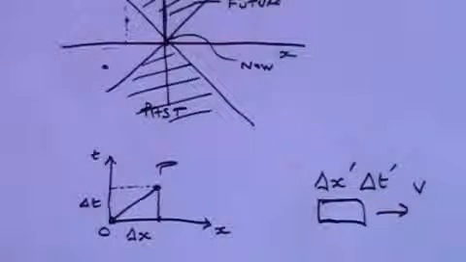And delta t prime will not equal delta t, and delta x prime will not equal delta x. And the question is, is there anything that these two observers agree on? Well, we did actually cover this in my videos on special relativity, but I'm just going to deal with it again here so it becomes clear.